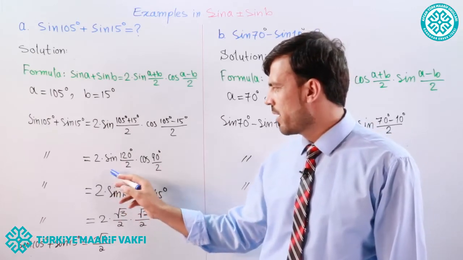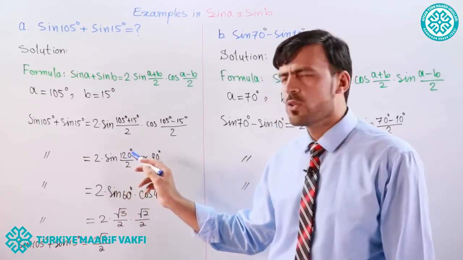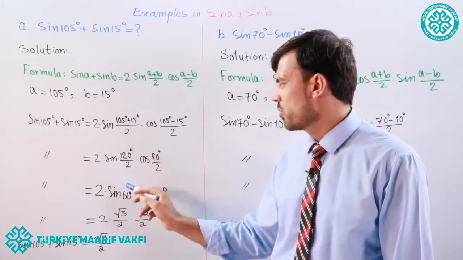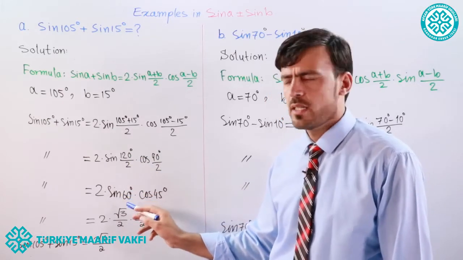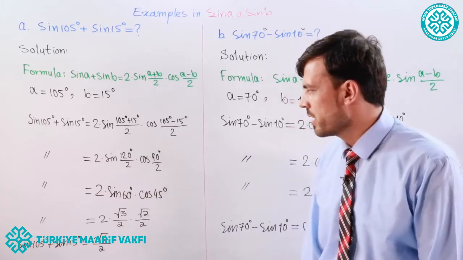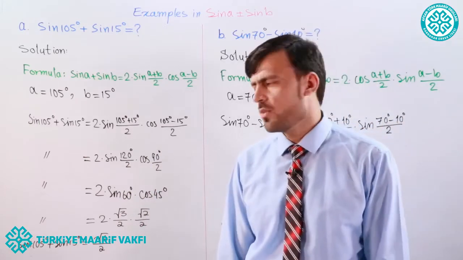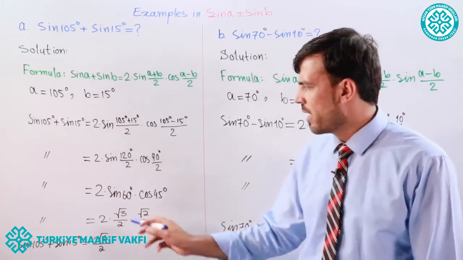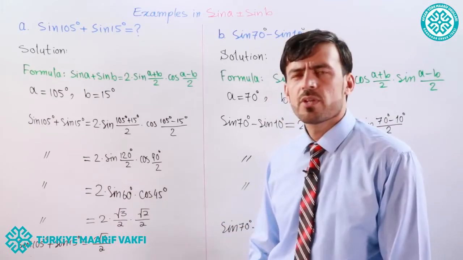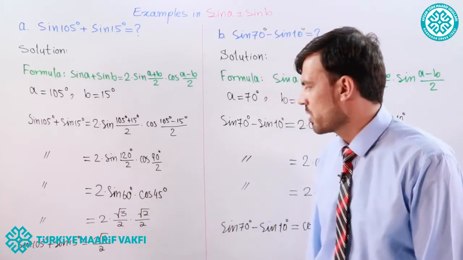So if we divide 120 degree by 2, that will be 60 degree, and if we divide 90 degree by 2, that will be 45 degree. So we know the values of sine of 60 degree and cosine of 45 degree.